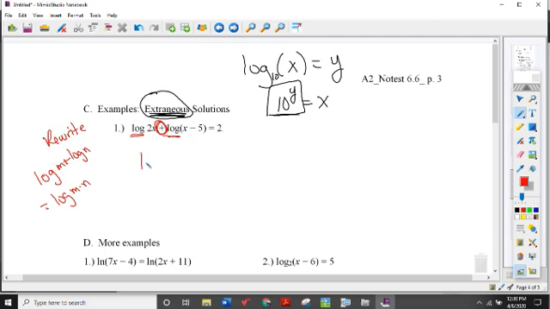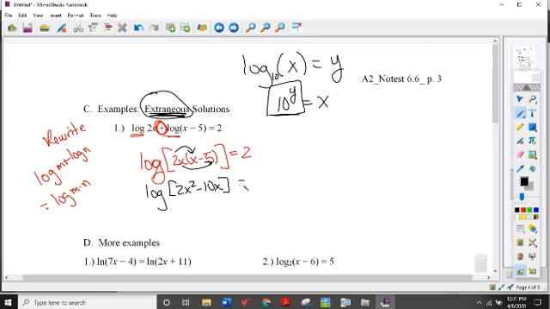So I'm going to rewrite this so that what's inside can be multiplied. Distribute. So I'm going to have log of 2x squared minus 10x. Okay, now I'm going to exponentiate.